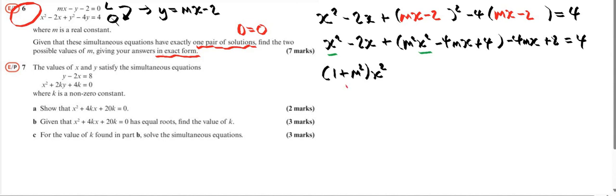And that means that this is a. Now I need to look at my x's. I've got minus 2x here, I've got minus 4mx here, and minus 4mx here. So that means I've got minus 2 minus 8m, because I've got 4mx and another 4mx, and that's multiplying x.